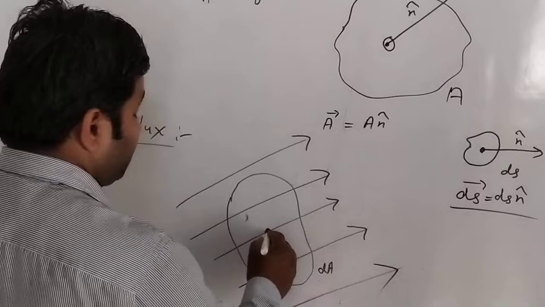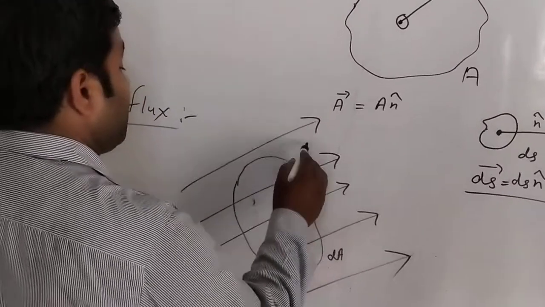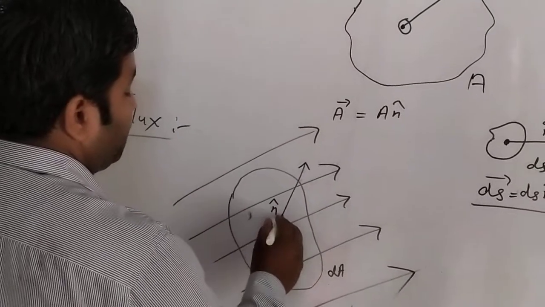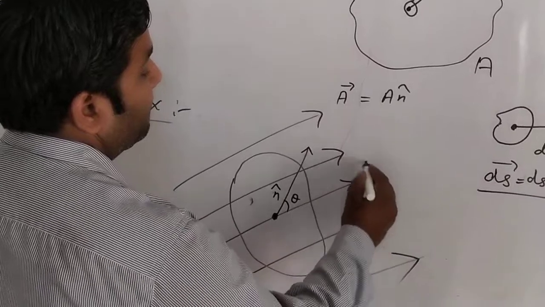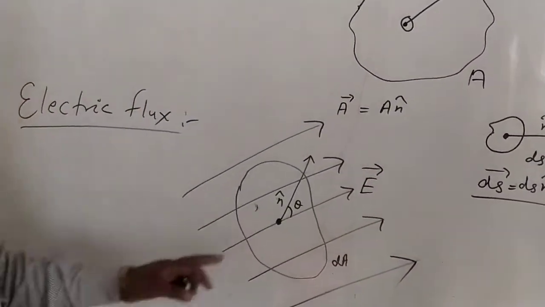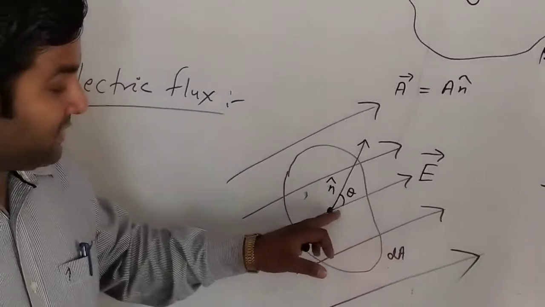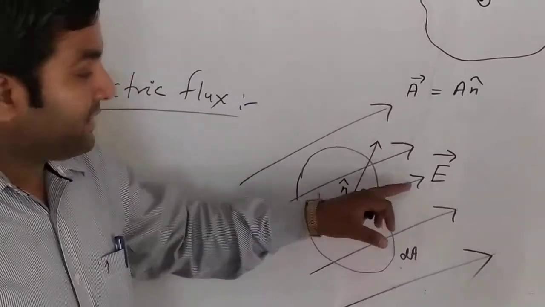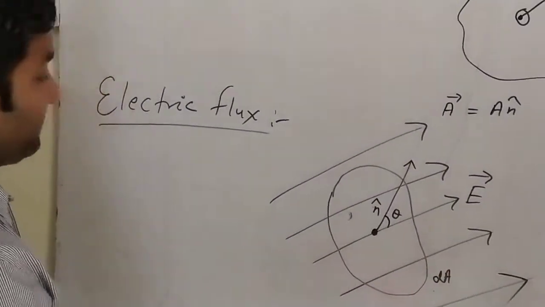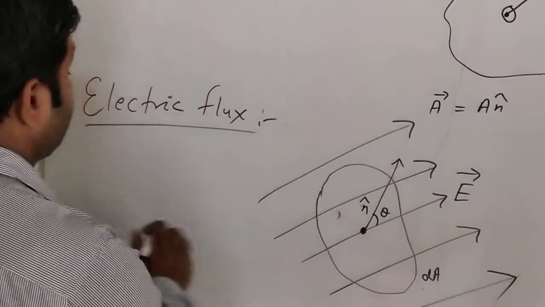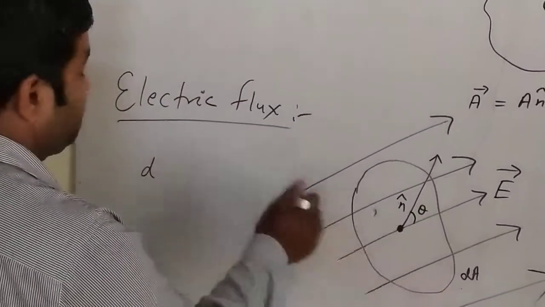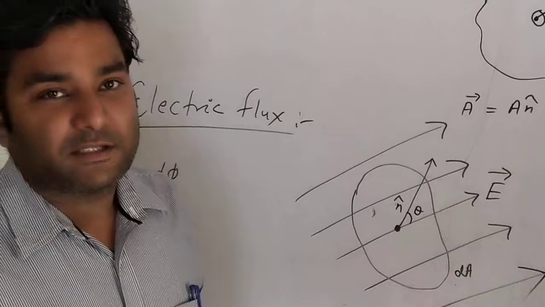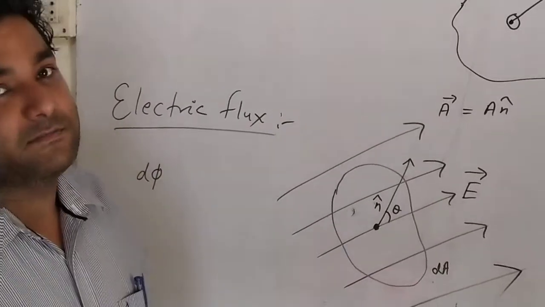The normal to this area makes an angle theta with the direction of the electric field vector E. If the normal to the small surface area makes an angle theta with the direction of electric field E, then the number of electric field lines is defined as the flux, or electric flux.